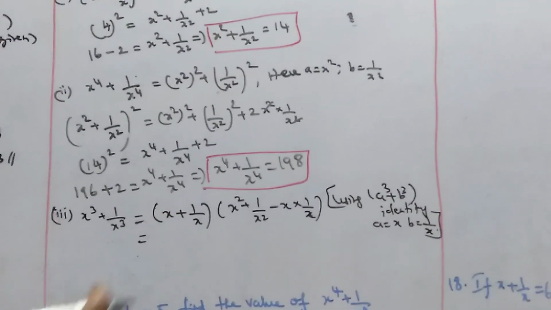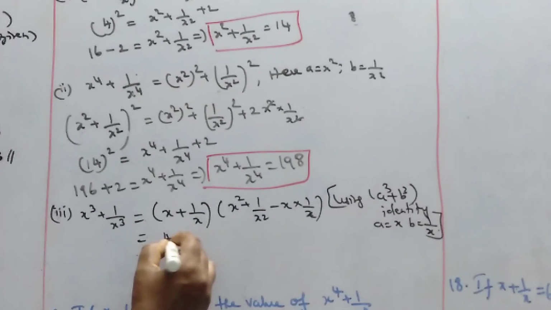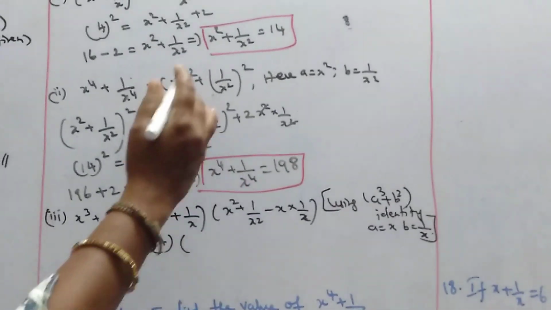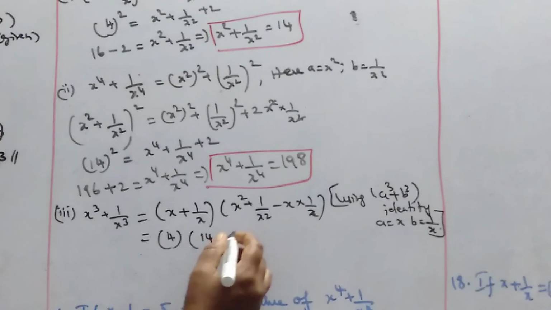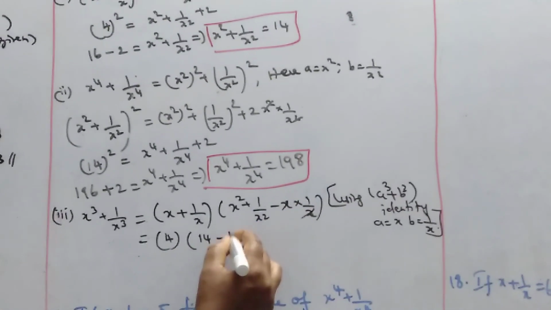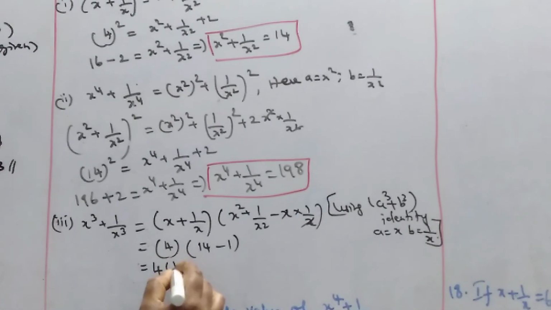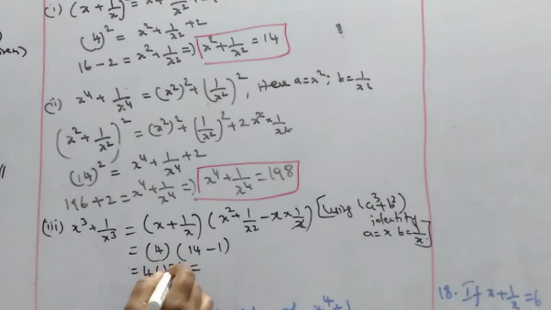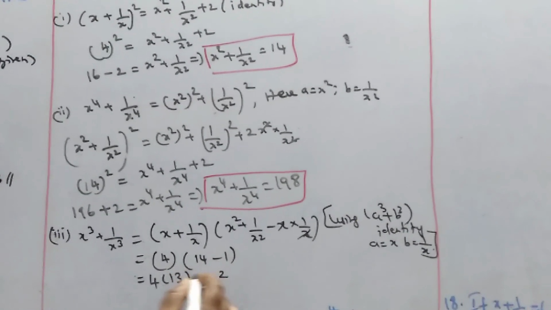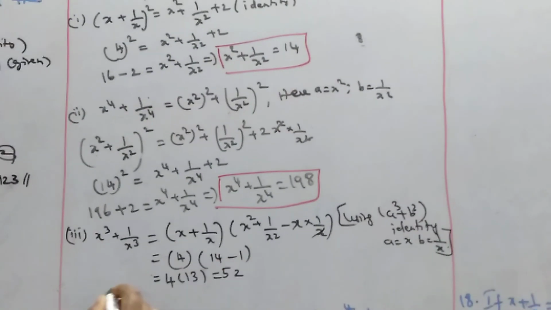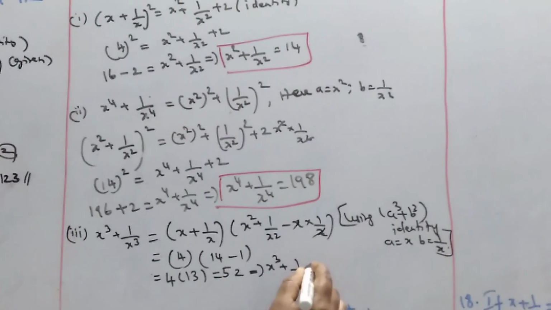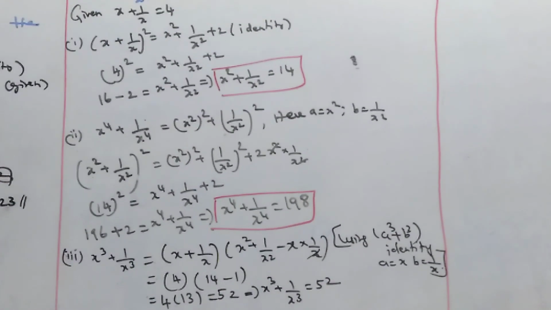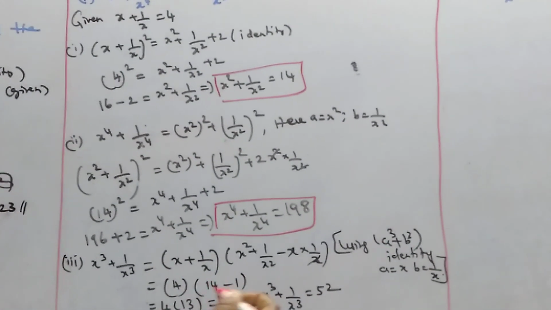So x plus 1 by x, given in the question, is 4. Then x square plus 1 by x square, which is the first subdivision solution, then minus 1. So which is equal to 4 into 13. That is equal to 4 3s are 12, carry over 1, 4 5s are 20, 52, which implies x cube plus 1 by x cube equals 52 is the solution.